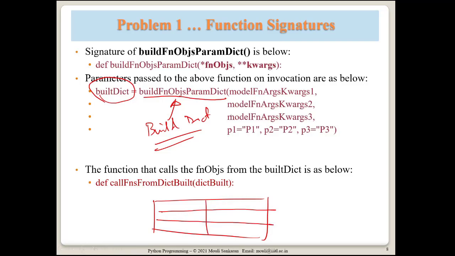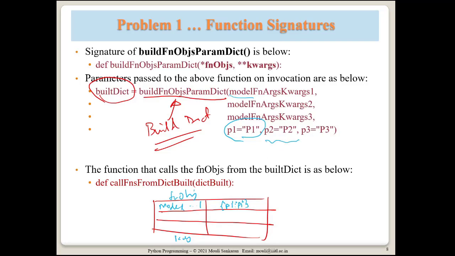Now this will go here, function object. The function object is a key, this model something something 1, and then this parameter will go in as a dictionary, p1 colon maybe capital P1. Something like this. You can put a quote here.